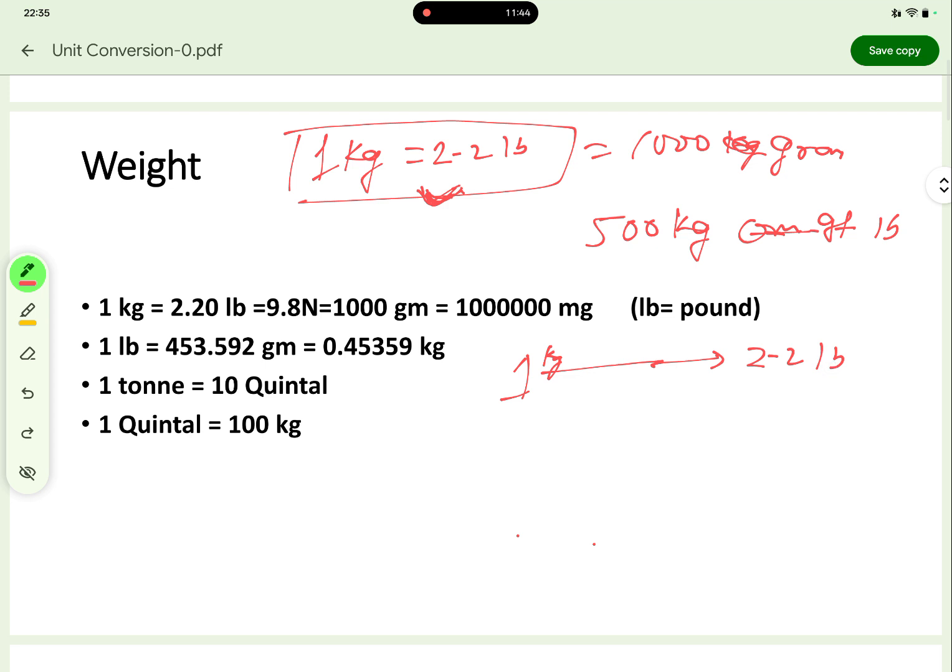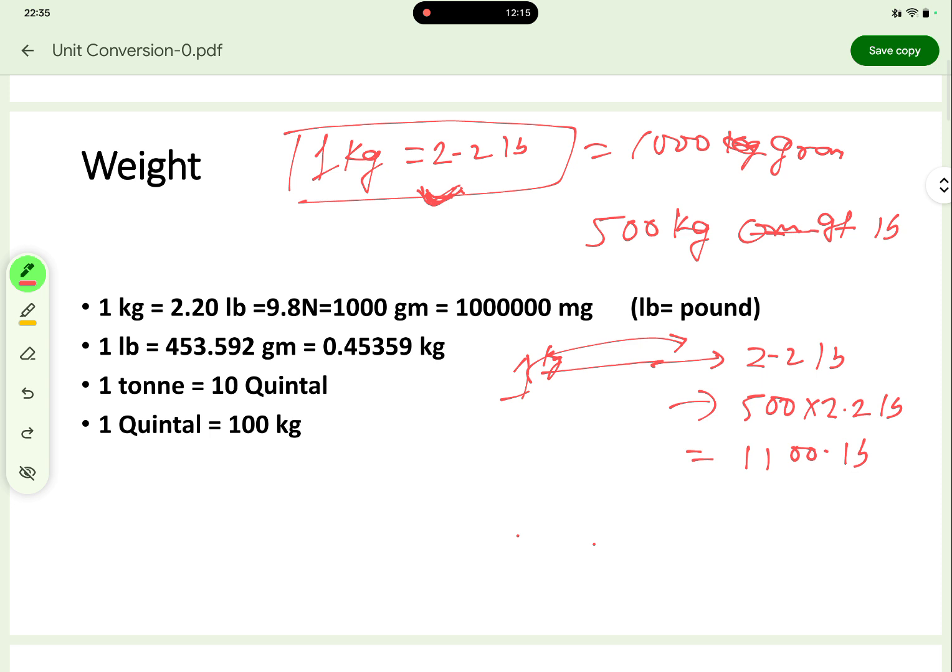So as I told you, when you are going from the higher unit to lower unit, simply multiply. So you have 500 kg times 2.2 lbs, 500 multiply 2.2 lbs, you will get 1100 lbs. This is basic calculation you need to remember.